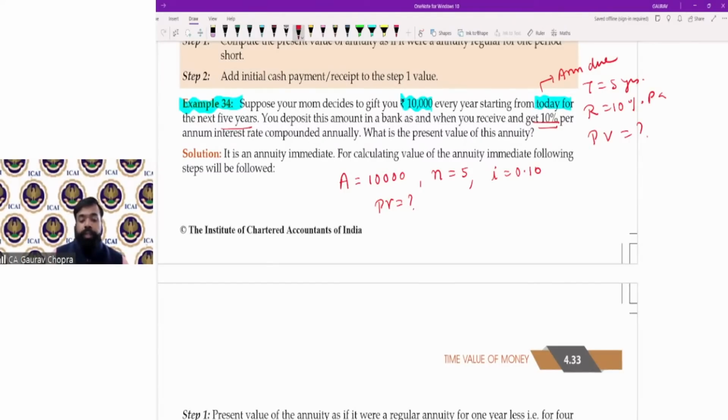So let's calculate. 1 divided by 1.1, press equal to how many times? 5 times. 1, 2, 3, 4, 5. After that, press GT button and then multiply by 10,000.